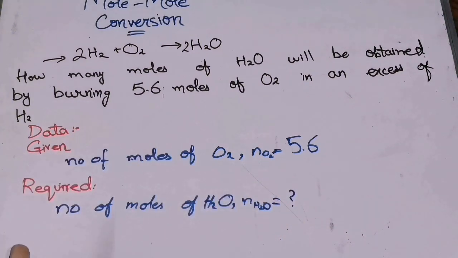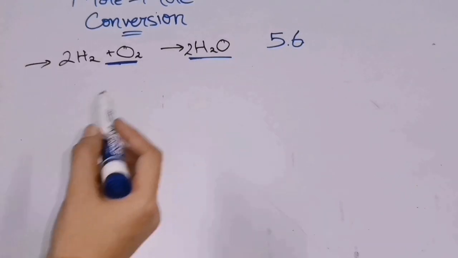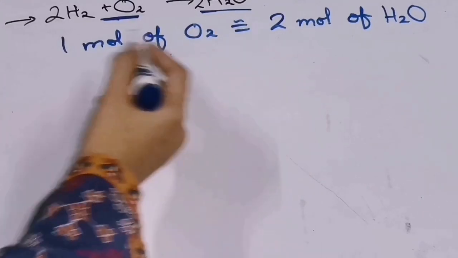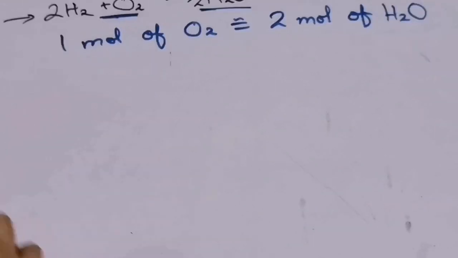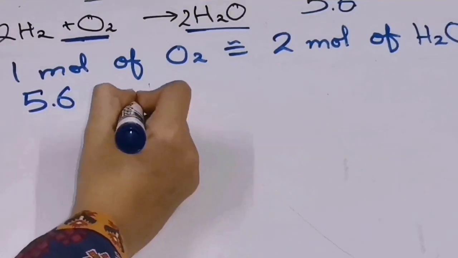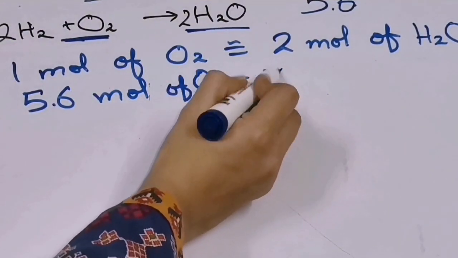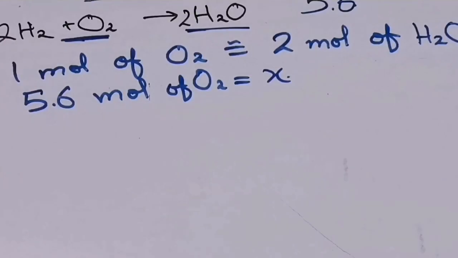We will also use the same method over here. Now here we will compare this oxygen and water. 1 mole of O2 is equivalent to 2 mole of H2O. So how many moles of O2 are we given? We have 5.6 mole of O2, and they ask how many moles of H2O can be prepared. We will simply do cross multiplication.